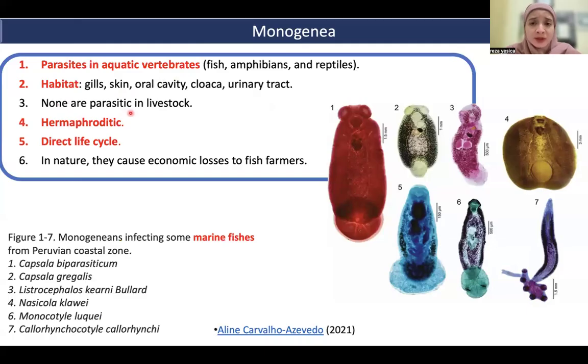None of them are parasitic in livestock. They are hematophagous. They have a direct cycle, and in nature, they cause big economic loss to fish farmers. This one is the opisthaptor, and this one is the prohaptor. So this is the posterior sucker, and this is the anterior sucker.